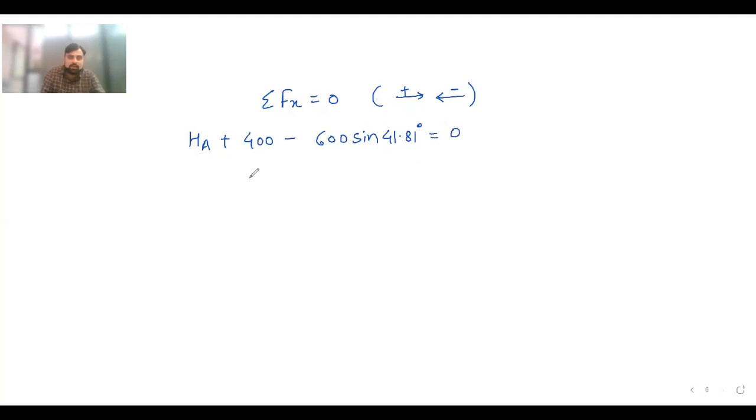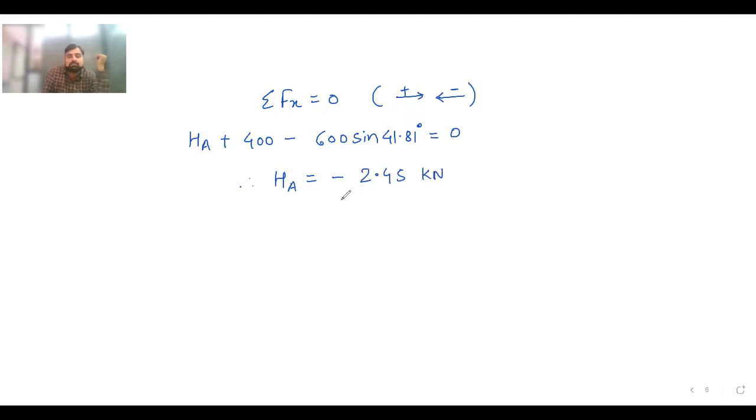Now transfer these terms to that side and solve this, and let me know the value of HA, the horizontal reaction at point A. Minus 2.45 kilonewton.